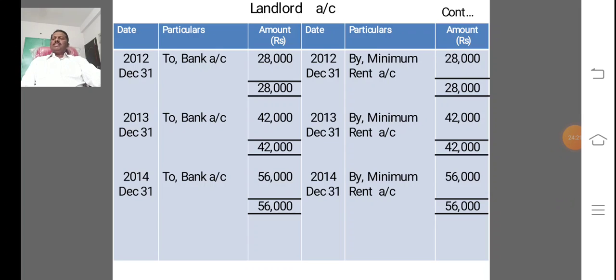So another account is landlord account. In 2012 we debit the bank account 28,000 by crediting minimum rent account 28,000. In 2013 also the same, debit the bank account 42,000, credit the minimum rent account 42,000. In 2014 also debit the bank account 56,000, credit minimum rent account 56,000.